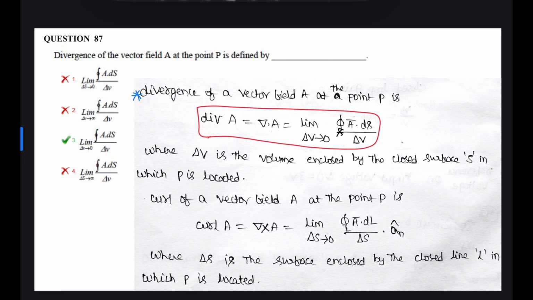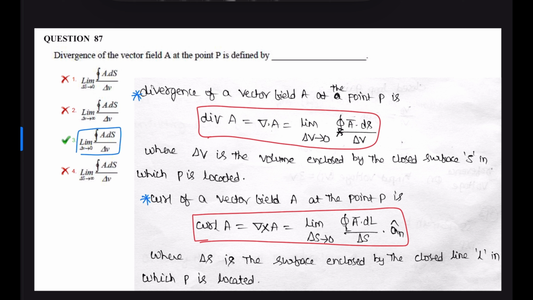Similarly, the curl of a vector field at a point P is given as curl of A is equal to del cross A, that is limit delta S tends to 0 closed line integral of A bar dot dl bar by delta S. This is the equation for curl. In the question they have asked divergence. So correct answer is option 3. Limit delta V tends to 0 closed surface integral of A bar dot ds bar by delta V.